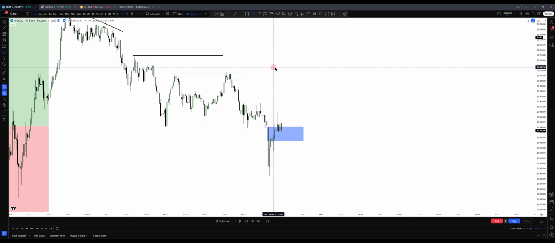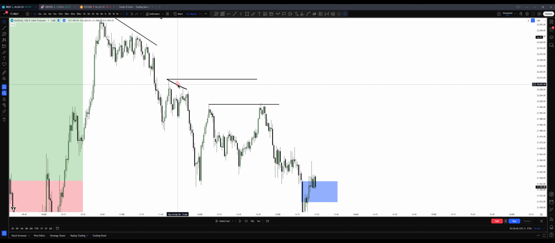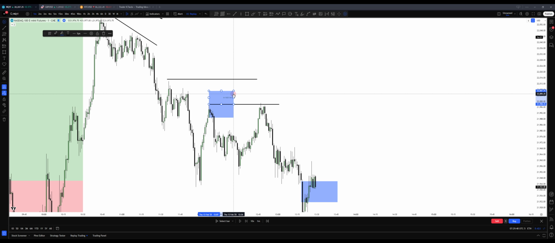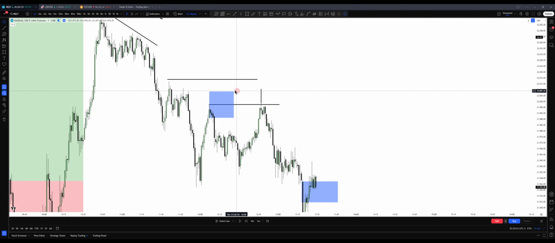And second of all, we have liquidity, which is the major thing in ICT trading. We have a lot of low resistance right here, equal highs. So this for me is not a liquidity sweep. I want a liquidity sweep to be twice as deep as this candle right here. A valid liquidity sweep for me would be a wick all the way up here and then fail to close above.